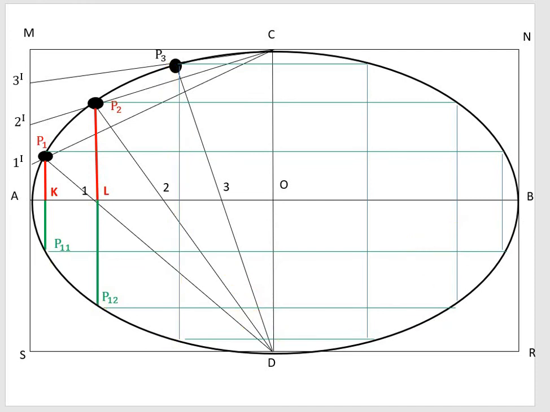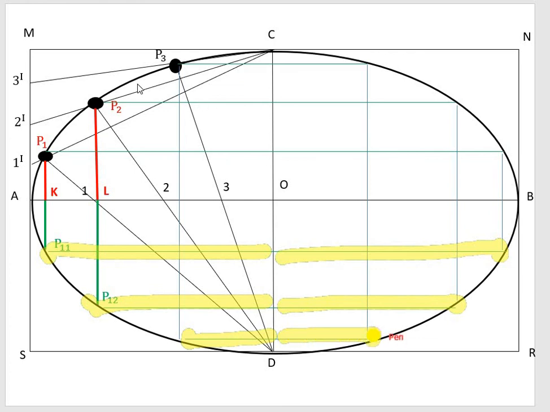In the other quadrants, how will it look? You see what I have done. After you get this point and this point, draw one line up till here, and the same length you draw here also. You will get this point. Draw one horizontal line up till here, and from here the same length. You will get this point. Draw another horizontal line up till here, and from here again the same length. Similarly, from P2, one horizontal line up till here, and from here again the same length.